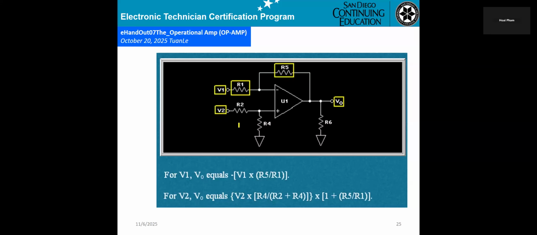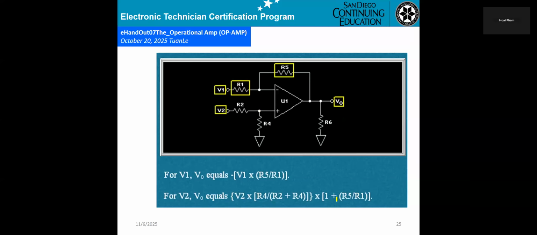However, the input must be this point. Then you have to use a voltage divider to calculate the voltage here: V2 times R4 divided by R2 plus R4, and multiply by the gain. The gain will be 1 plus R5 over R1.